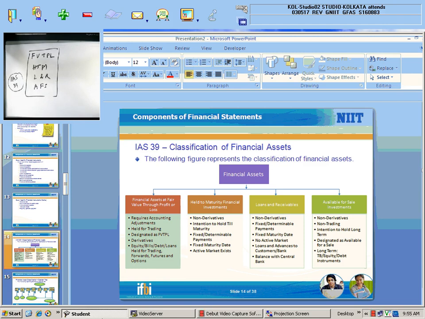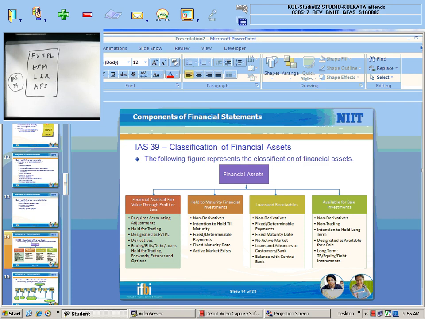Financial assets that are held for trading are always classified as financial assets at fair value through profit or loss. The financial asset is considered to be held for trading if the entity acquired or incurred it principally for the purpose of selling or repurchasing it in the near term, or is part of a portfolio of financial assets subject to trading.